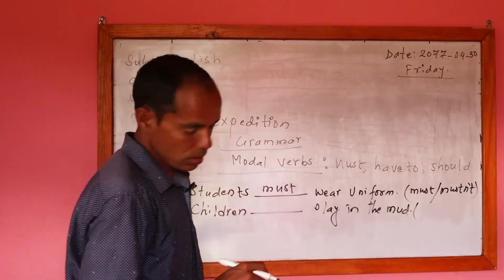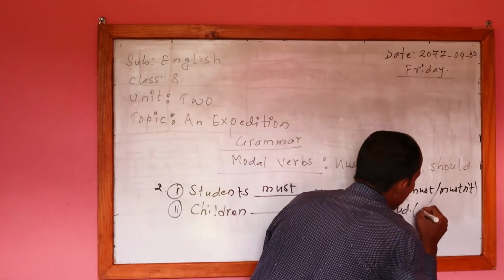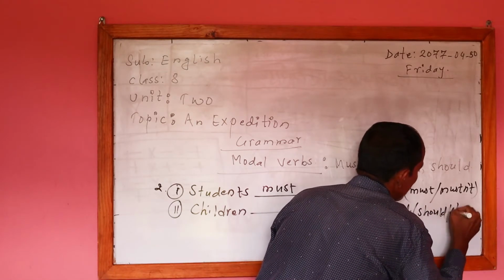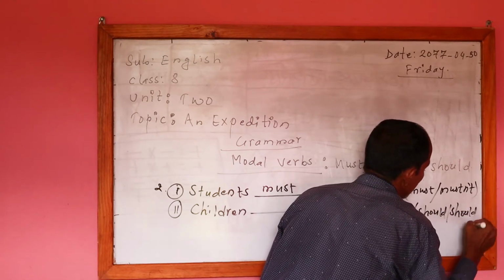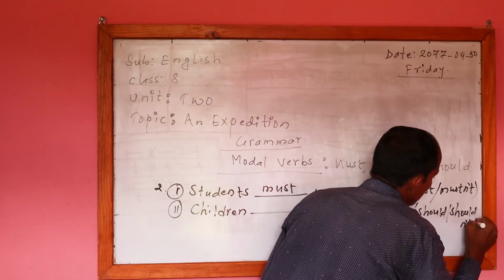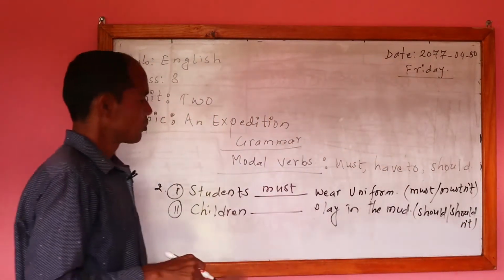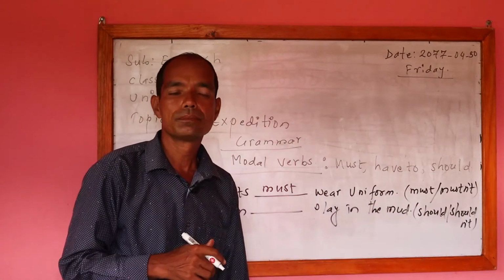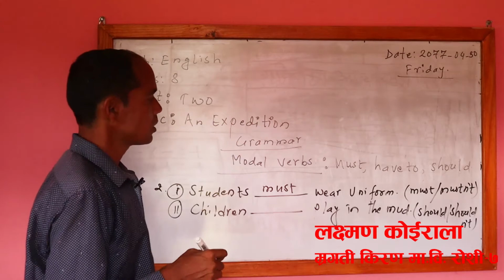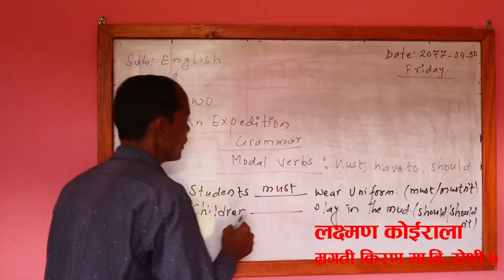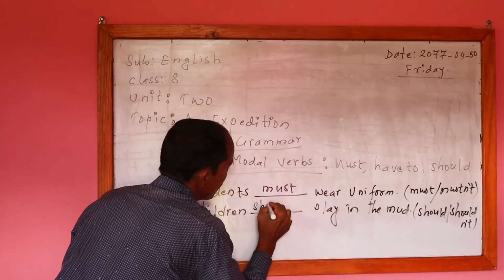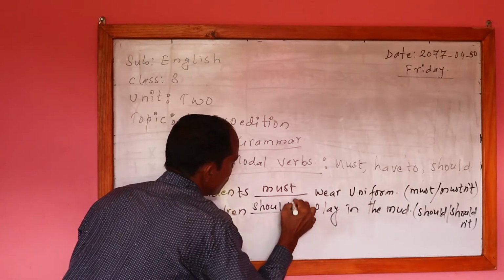"Should not" is given here in the option, shouldn't. Now, children should not play in the mall. We have to write the answer in this way.